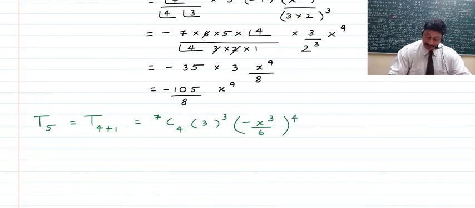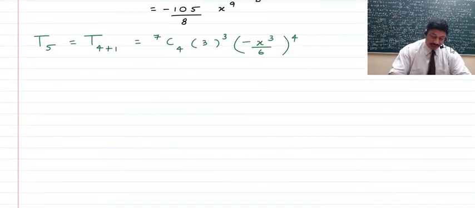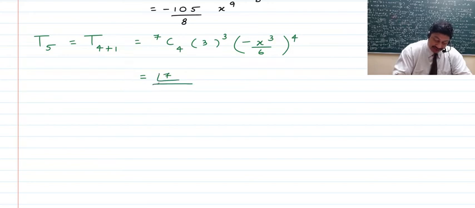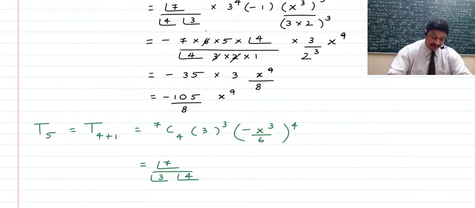Now further, we have to simplify this. So to simplify, we can write this as 7 factorial divided by (7 minus 4) factorial, that is factorial 3, multiplied with factorial 4. You find that it is exactly the same as what we found in the last case, that is 7 factorial divided by 4 factorial into 3 factorial.